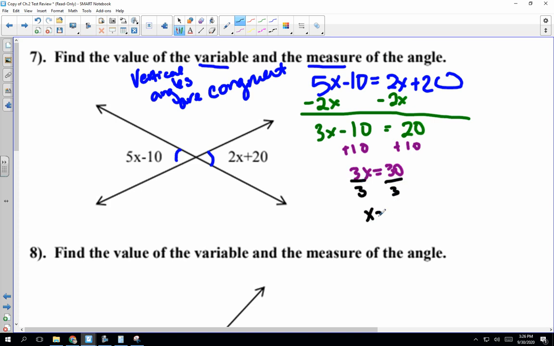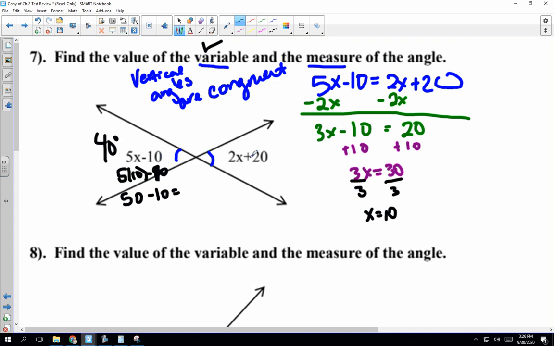And here we have x is equal to 10. That checks off this box. Now we have to find the angle. So if x is equal to 10, then our angle is 5 times 10, which is 50, minus 10, which is 40.